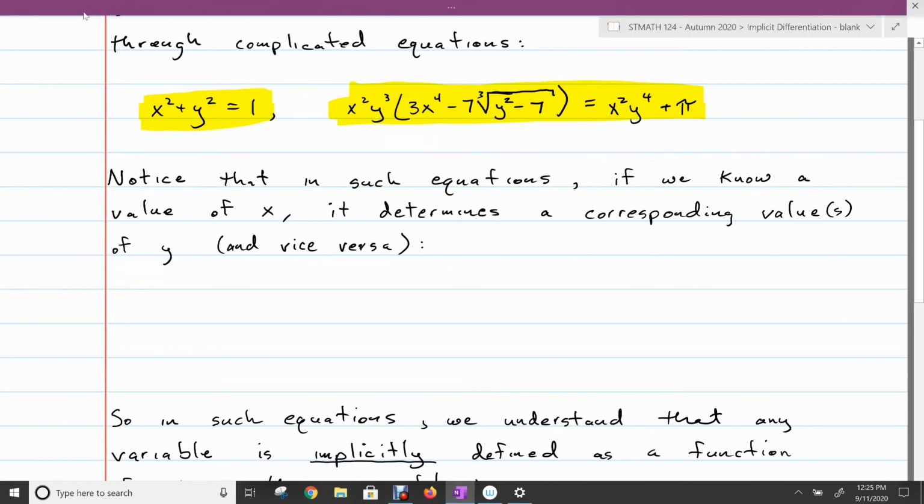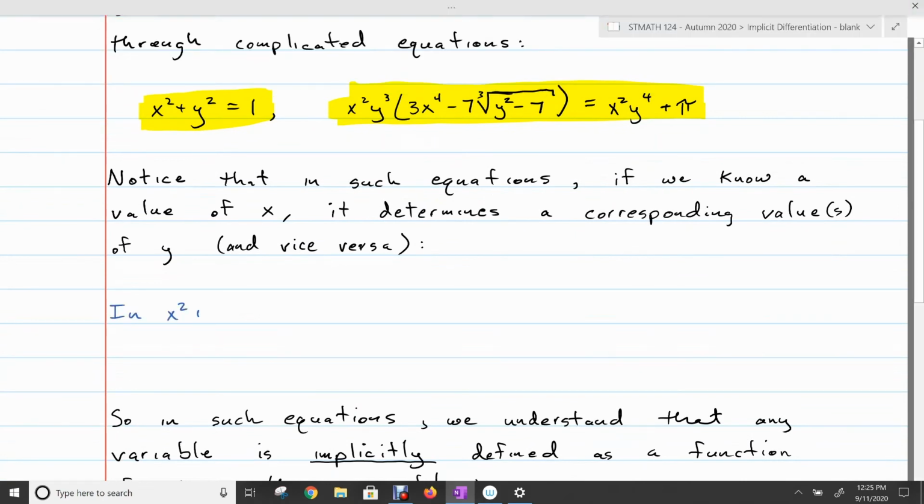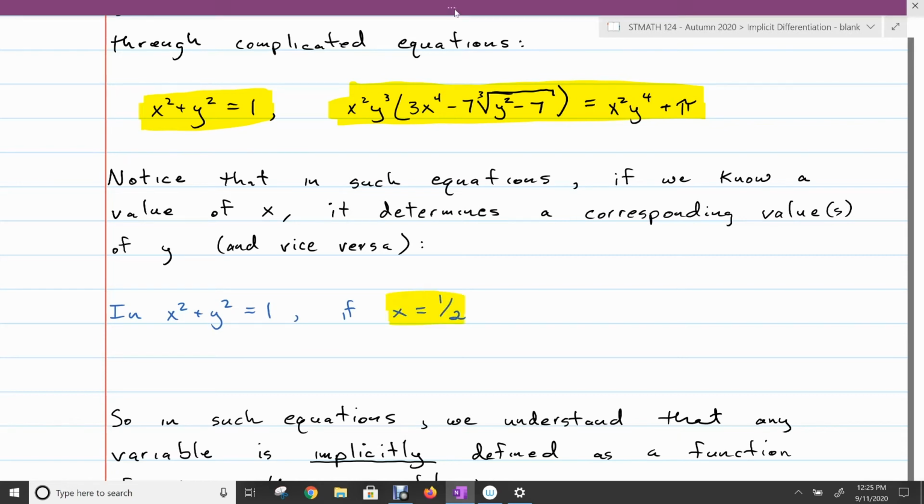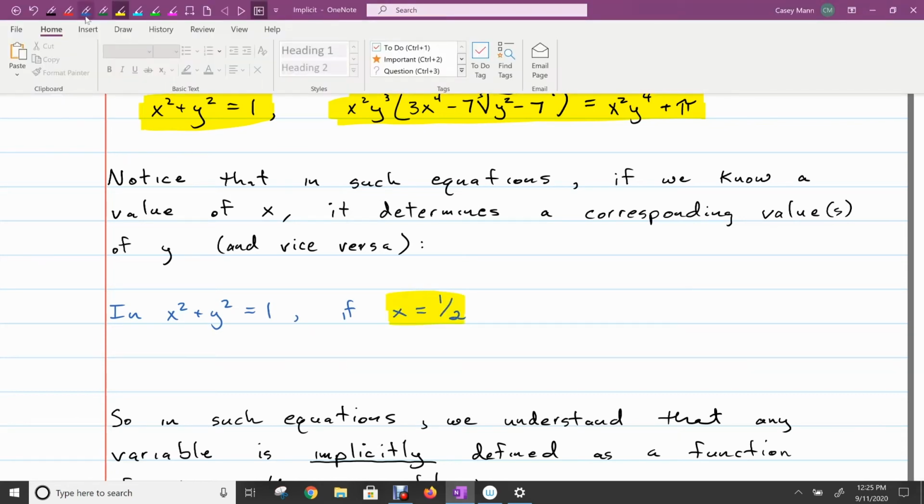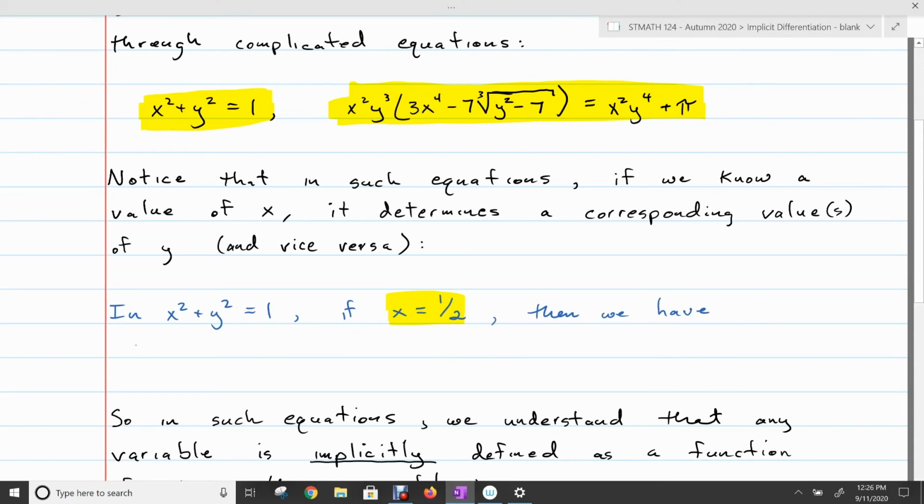So for example, in x squared plus y squared equals 1, if for whatever reason we put in the value of x equals 1/2, then we could substitute it into the equation, and we'd have 1/2 squared plus y squared equals 1.